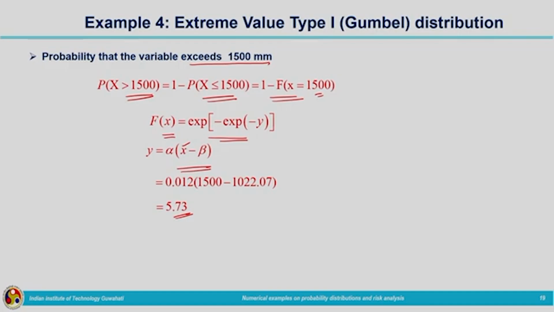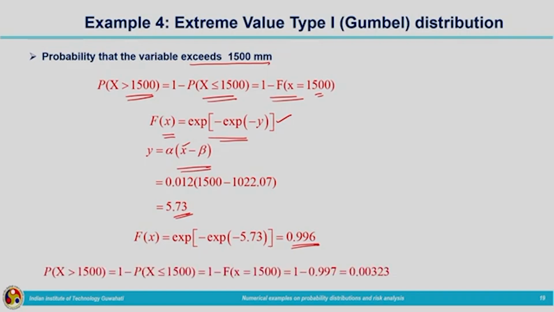Now we can substitute the value of y in the cumulative distribution function F(x). So when we substitute y equal to 5.73, it is calculated as 0.996. So the probability P(X > 1500) is equal to 1 minus P(X ≤ 1500).